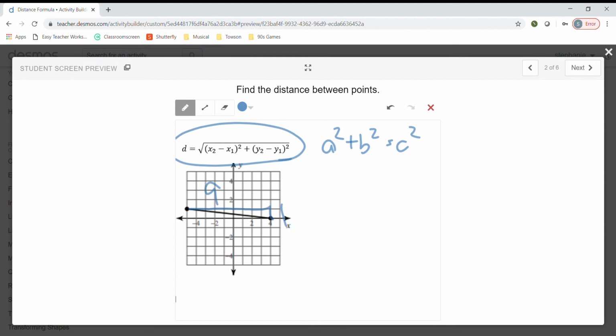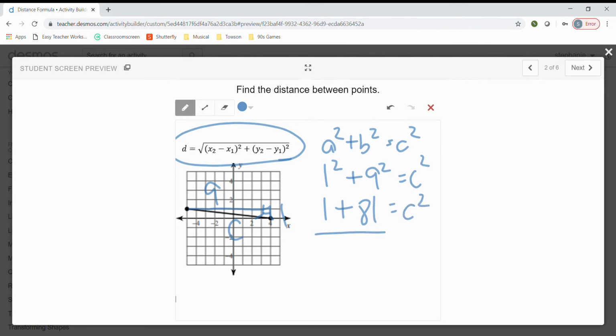Now you're like, Miss Jones, I don't understand. Now what can we do? Well, remember when we drew the right angle in the side and we said that across from that was C. So we have the numbers to solve it with Pythagorean theorem. So up and down is my altitude, which is A. So I'm going to put a 1 here. The other number is B, and we're solving for C, the diagonal. 1 squared, 1 times 1 is 1. 9 squared, 9 times 9 is 81, equals C squared.